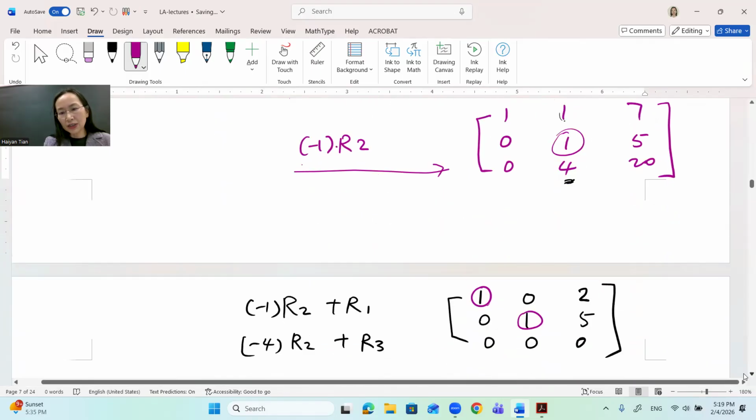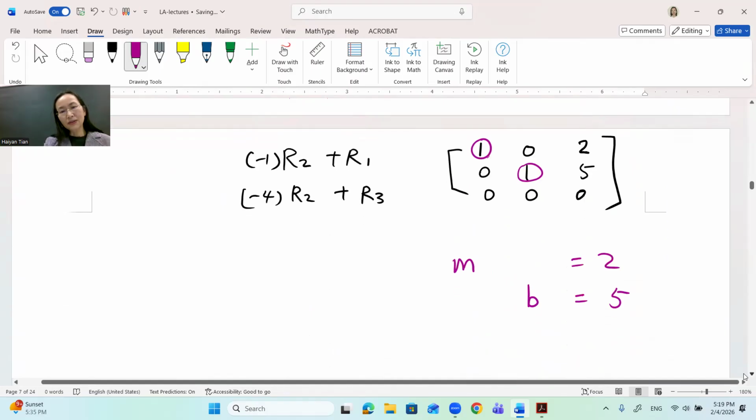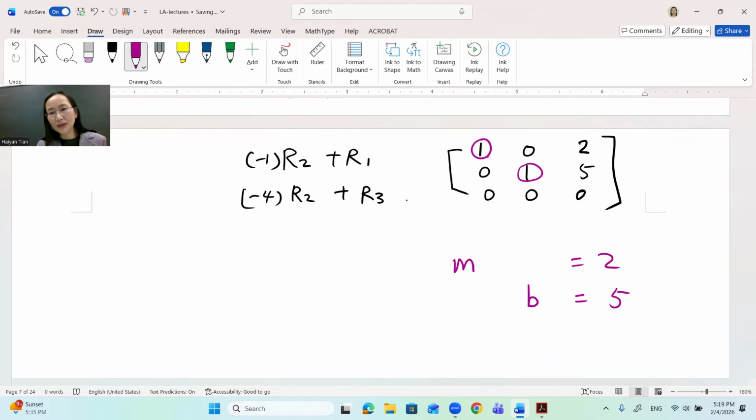And after reduction, we notice essentially there are 2 constraints, and we can immediately solve. This reduced echelon form means that the first equation is now reduced to have only the m variable, m equals 2. The second equation has only the b variable, b is 5. So the solution is evident, right? We found that m is 2, b is 5.